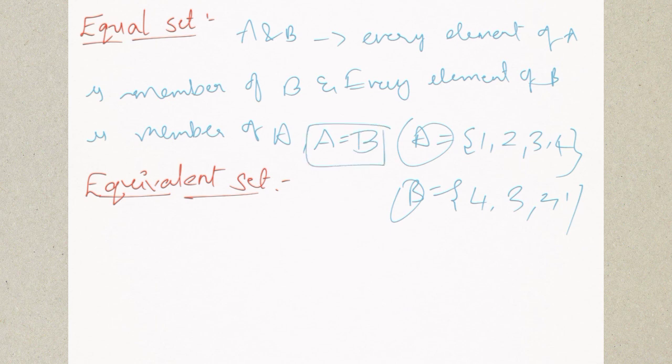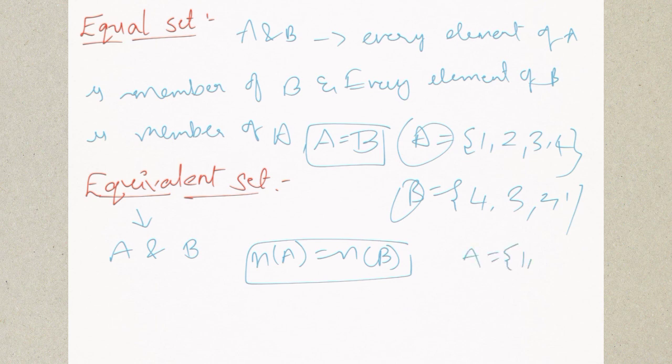Then what is an equivalent set? Again, these are two finite sets A and B where their cardinal number is the same. That means n of A equals n of B. Then they are called equivalent sets. Say, suppose A is {1, 2, 3, 4} and B is {4, 5, 6, 7}.